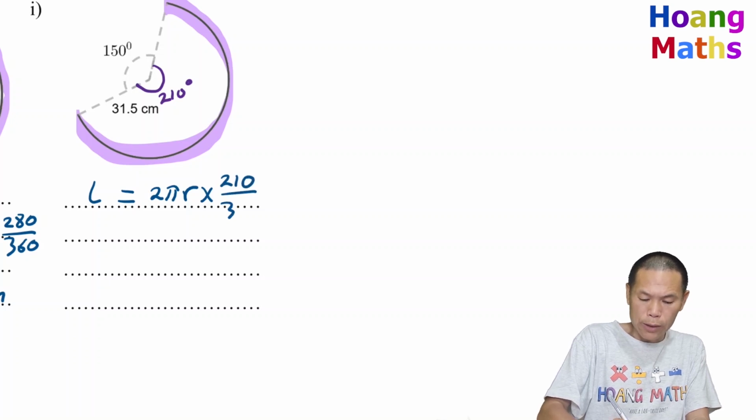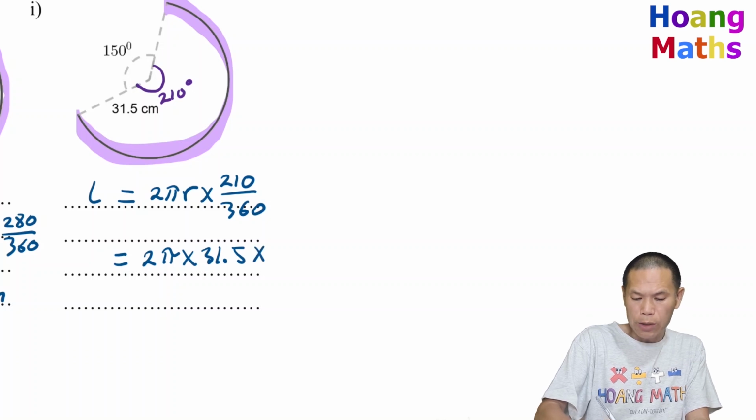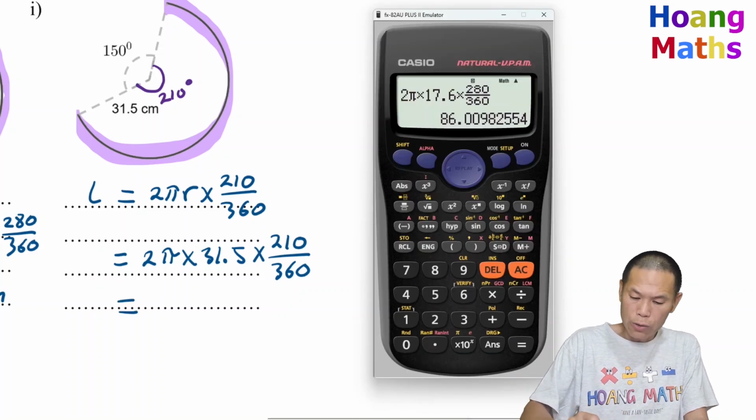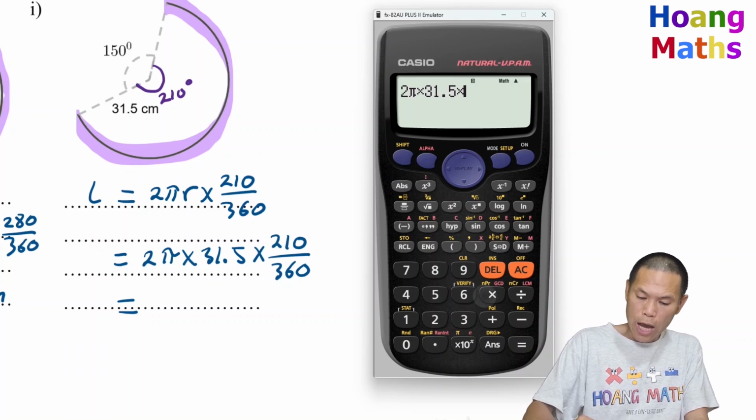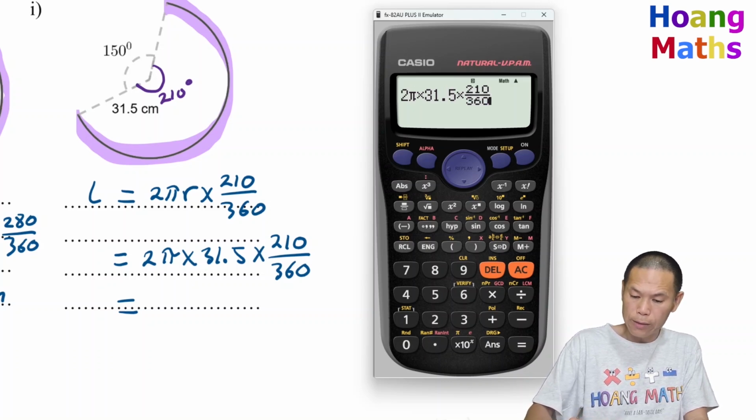So I just go 2 pi times the radius 31.5, times 210 over 360. So I just go 2 pi times 31.5 times 210 out of 360.